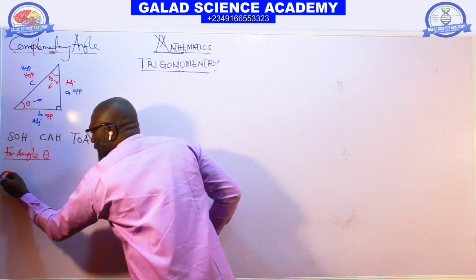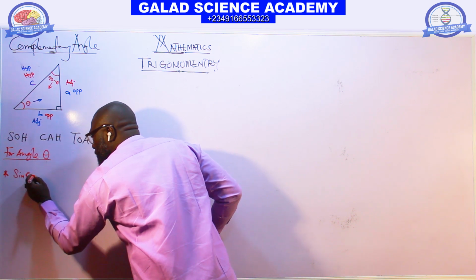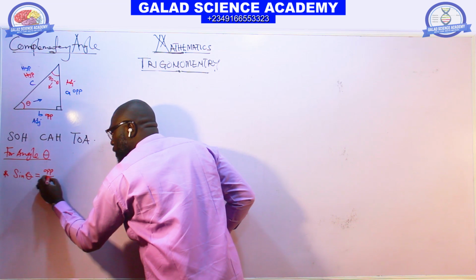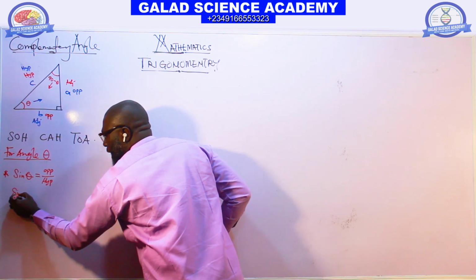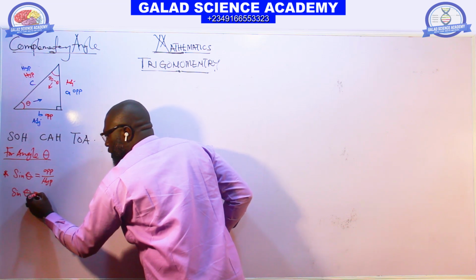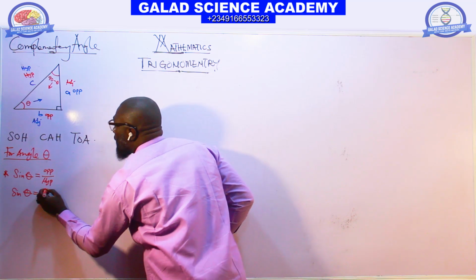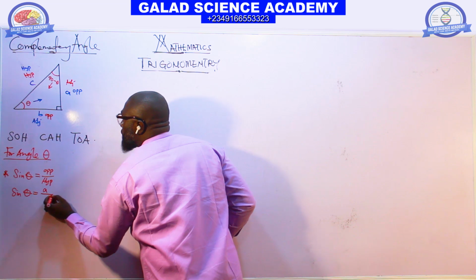Here, sine of angle theta is equal to opposite over hypotenuse. Sine of theta is equal to opposite, which is A, over C.